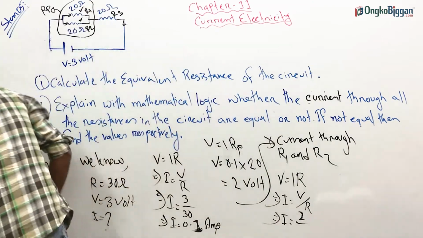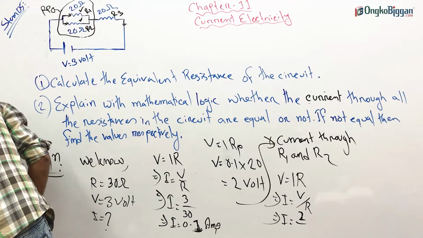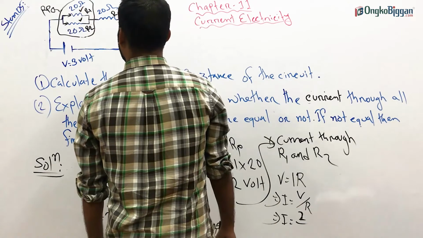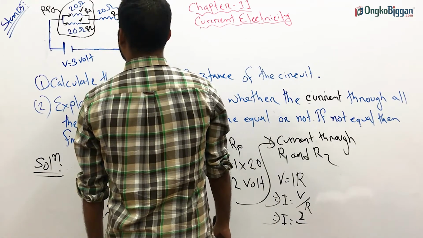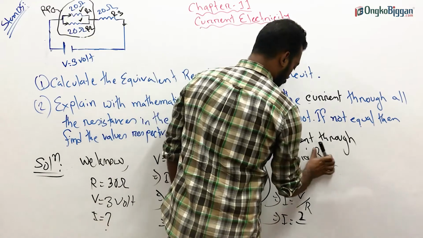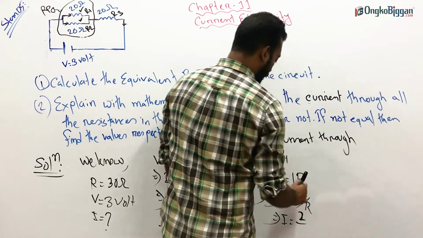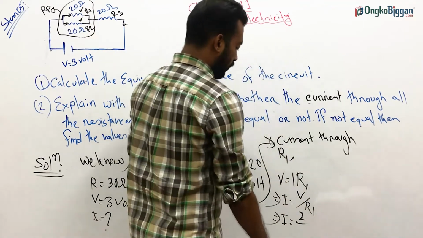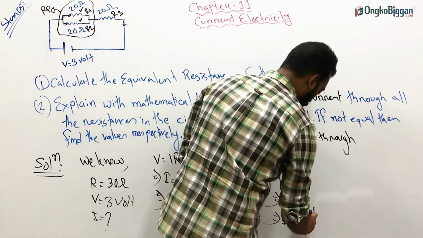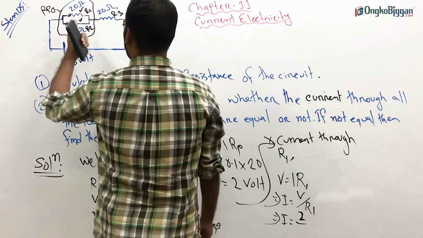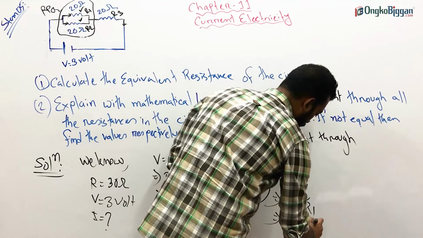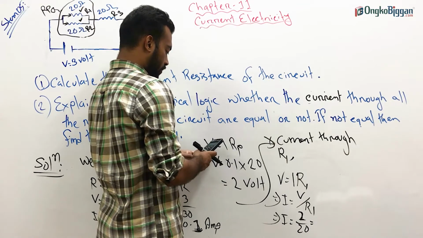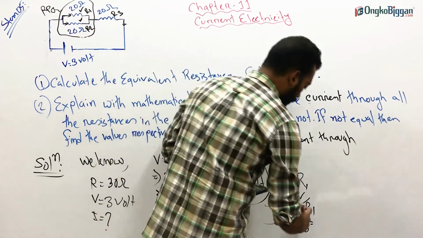Now what was the value of Rp? Let's find it for R1 first, then R2 and R3. So V by R1, and the value of R1 was 20. So I is equal to 2 divided by 20.